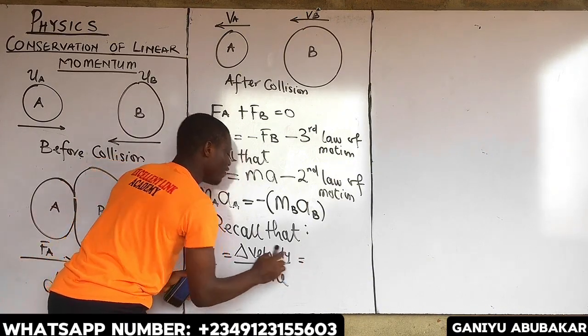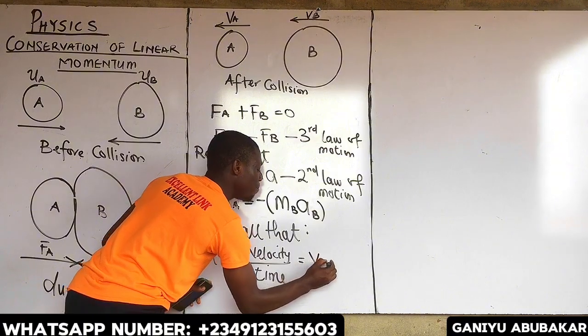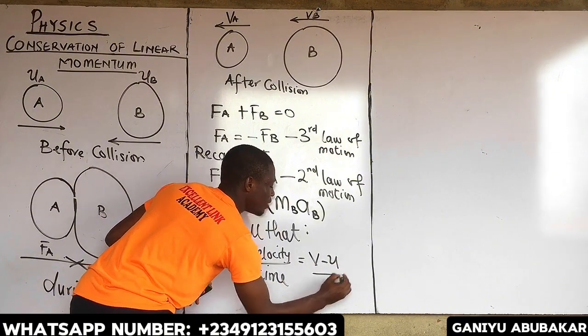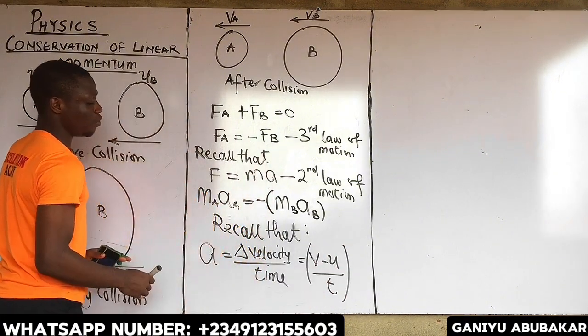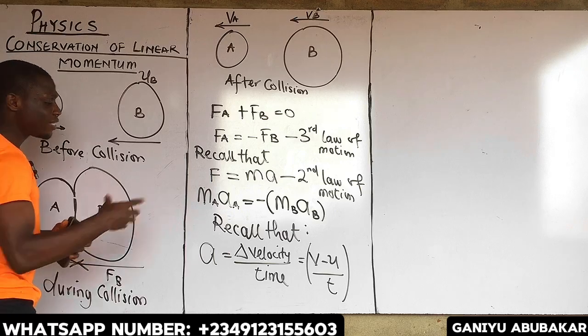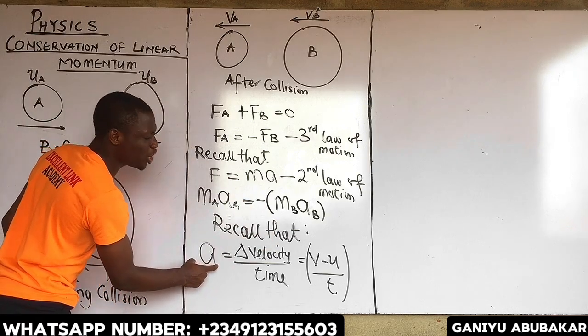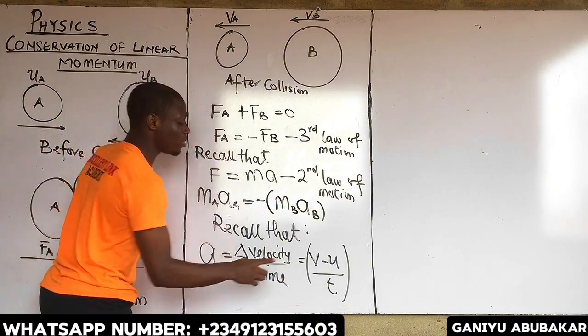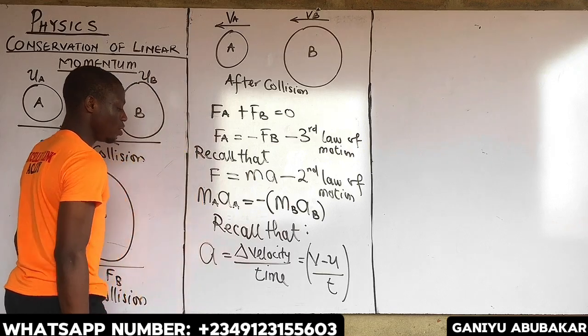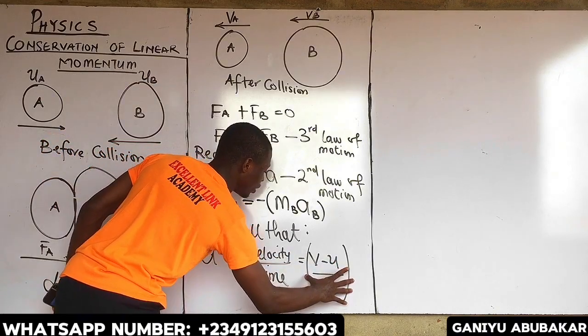So my change in velocity can be expressed as V minus U, all over T, which is correct. So we're saying that anywhere I see acceleration, I can put in V minus U over T. So put in this value anywhere there is acceleration.